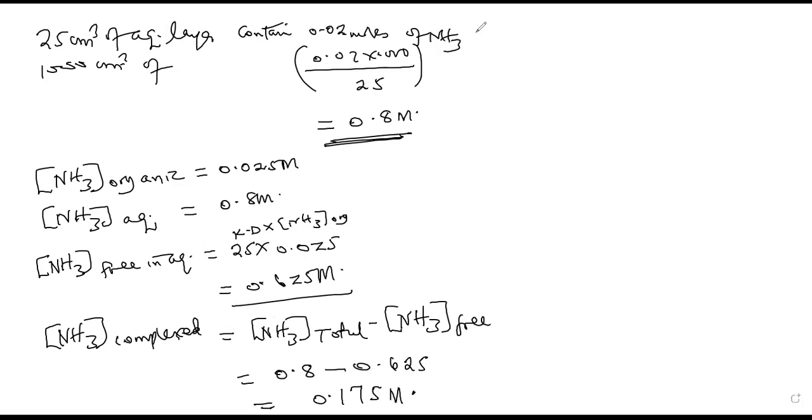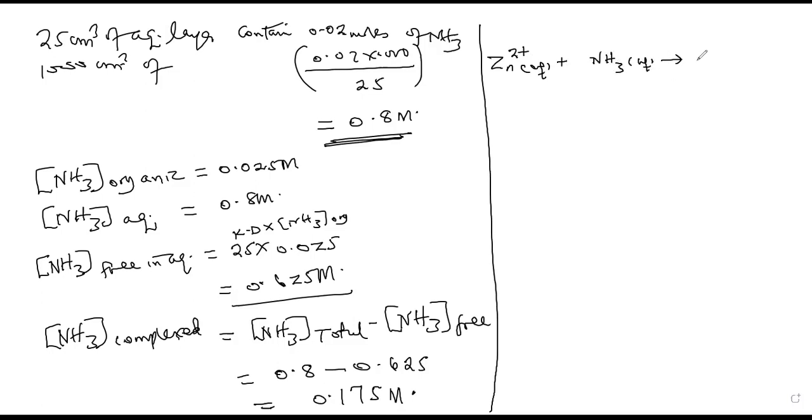But remember, the question is the concentration of zinc ion. That is where I write my equation of zinc complexing with ammonia. When zinc ions complex with ammonia, we form the complex tetraamminezinc(II) ion, and this 4, we bring it here.